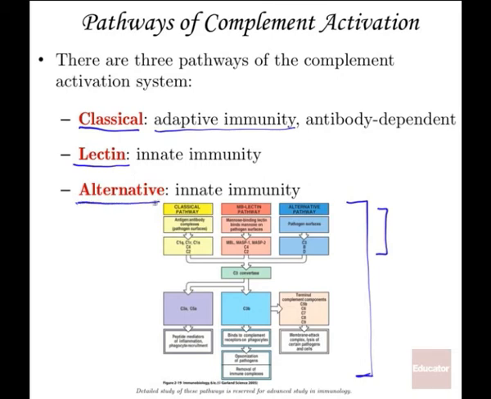And the alternative pathway is where complement proteins are activated by gram-negative bacteria and also some fungal proteins. So in other words, when these pathogens enter the blood supply or the plasma, so to speak, then these complements become activated, and the whole process starts.